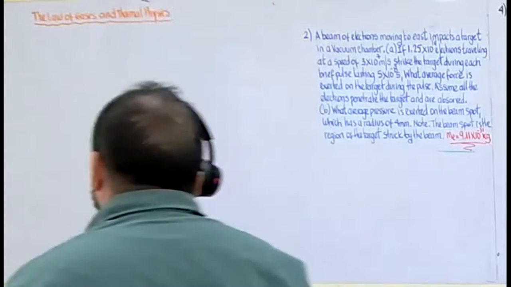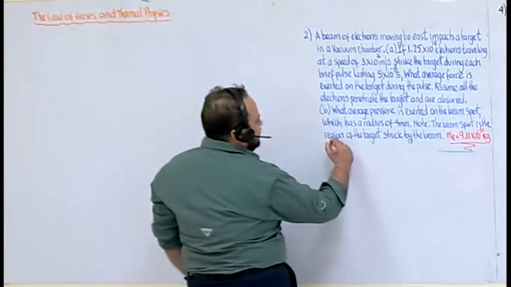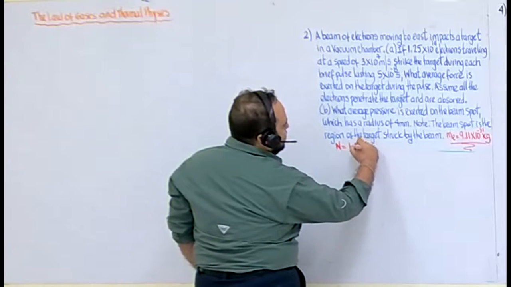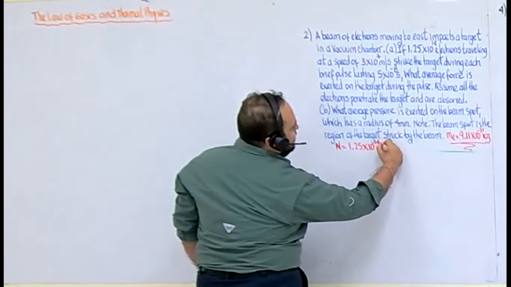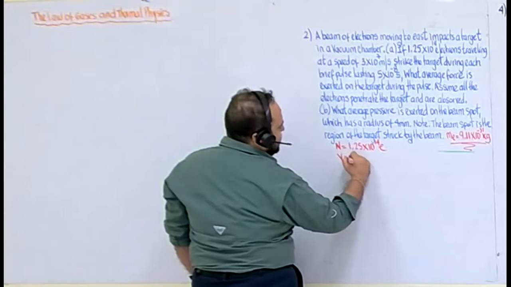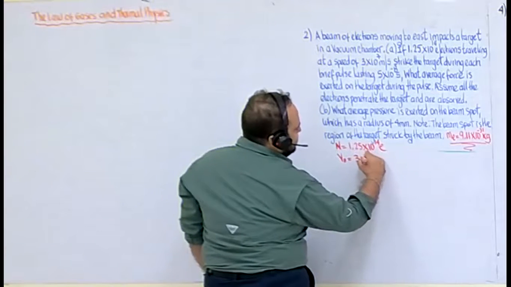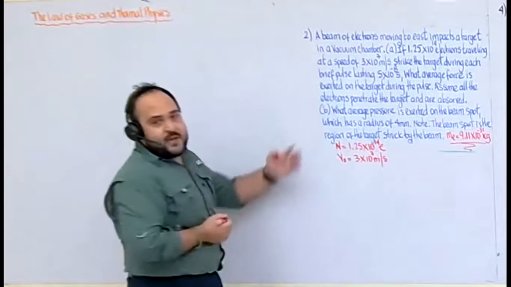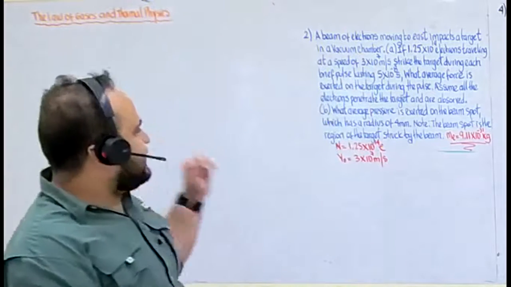Okay, first of all, we have to establish the data. Remember, we have the total number of electrons, that will be 1.25 times 10 to the 14 power electrons. We have the initial velocity, these electrons moving with an initial speed of 3 times 10 to the 7 power meters per second, which will be positive because this is moving to the east.